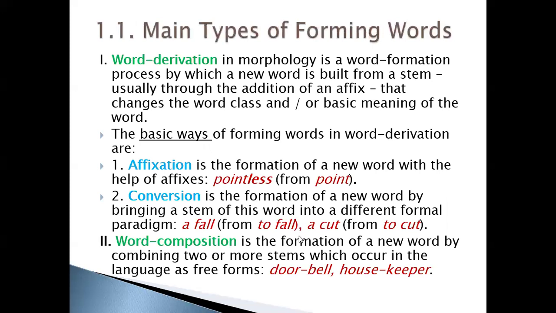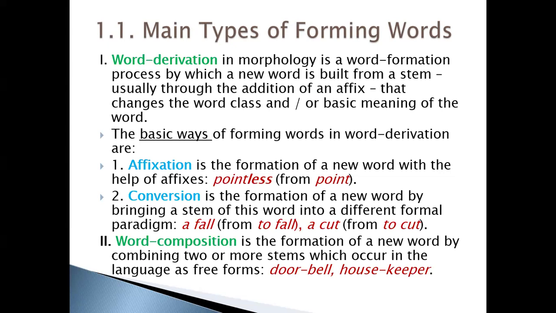Word derivation in morphology is a word formation process by which a new word is built from a stem, usually through the addition of an affix that changes the word class and/or basic meaning of the word. The basic ways of forming words in word derivation are: first, affixation, the formation of new words with the help of affixes.